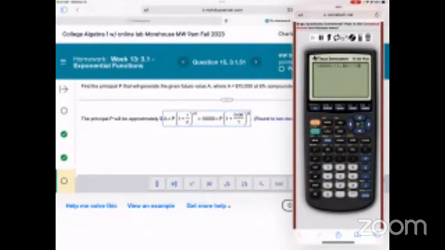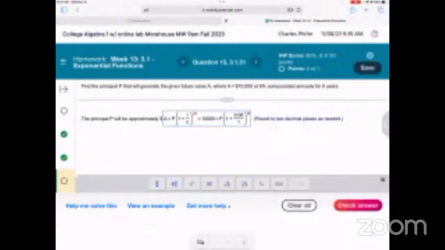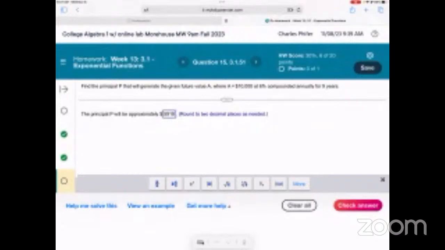Okay, I think that looks okay. Rounded to 2 decimal places, it's going to be 5,918.98. Nearly $6,000. You gain 4,000 after 9 years.